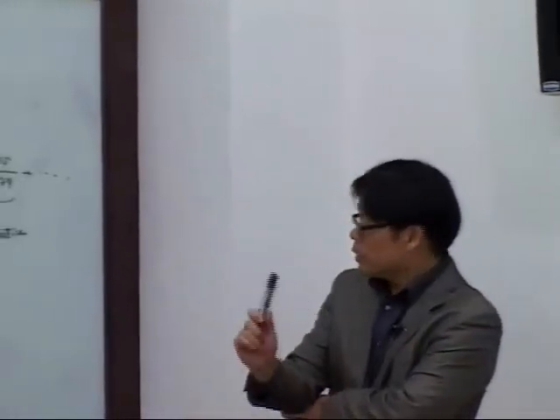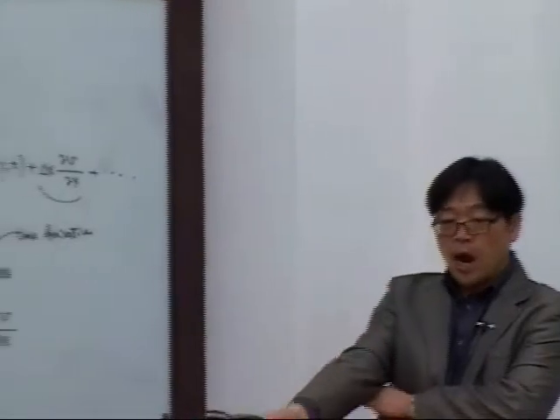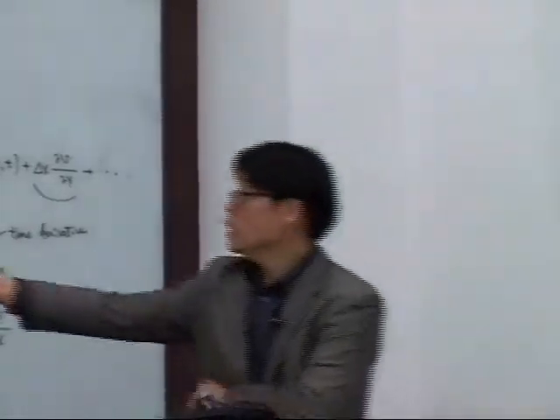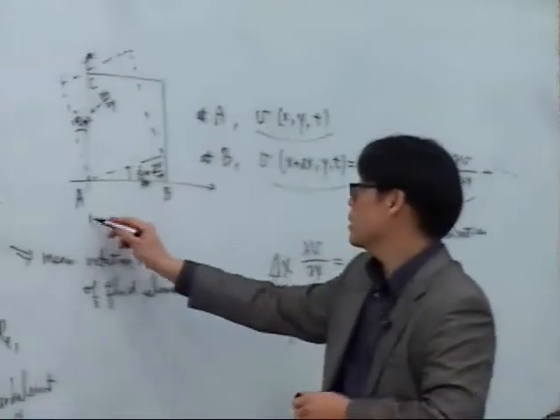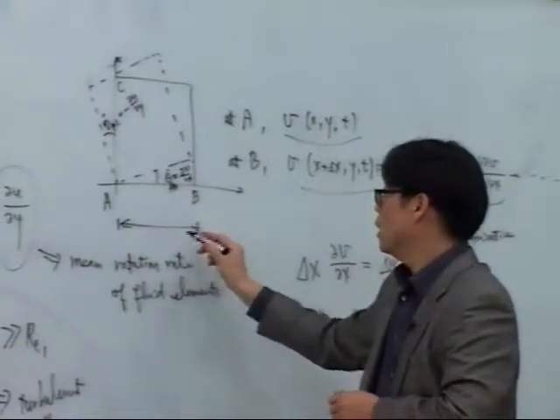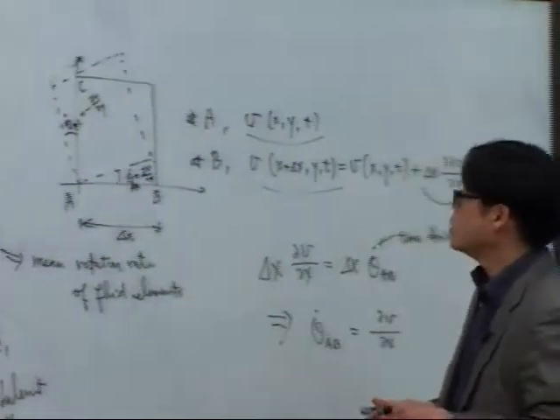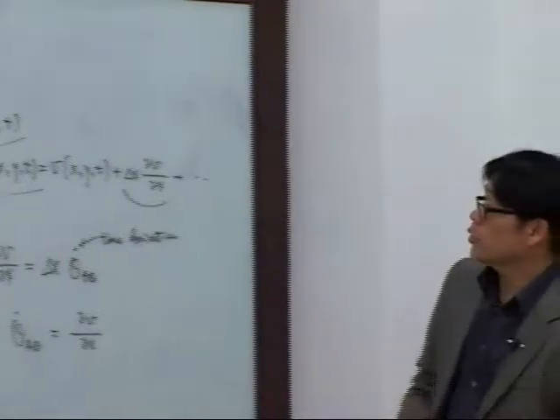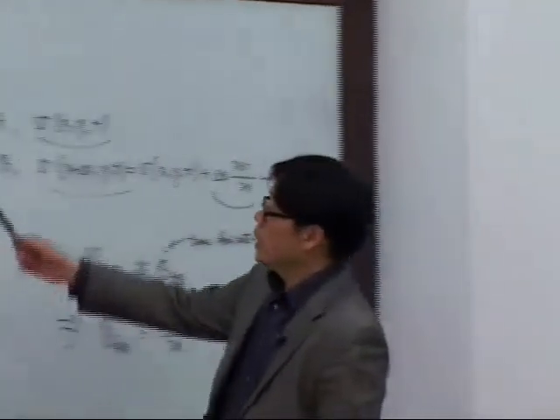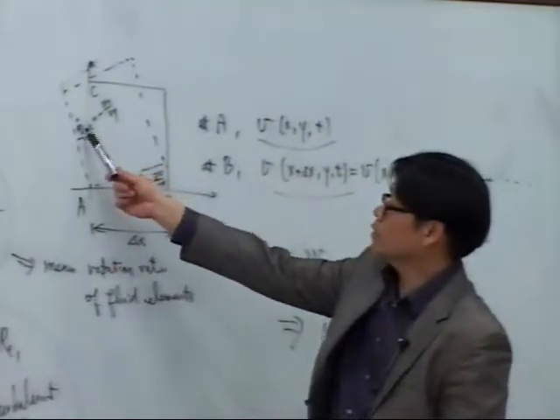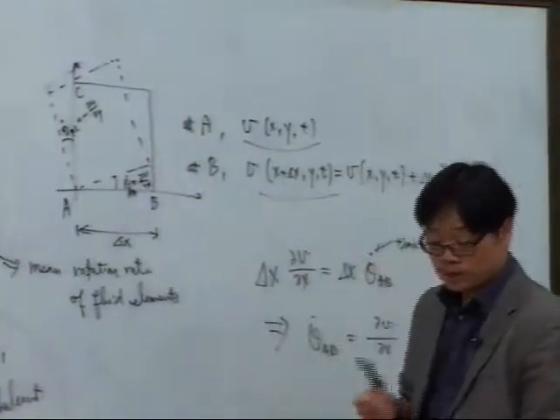So to find the speed, you have to multiply angular speed times arm, which is delta x. So this distance is delta x. You also can see why the time derivative of angle theta AC is minus du/dy, simply by using Taylor expansion.